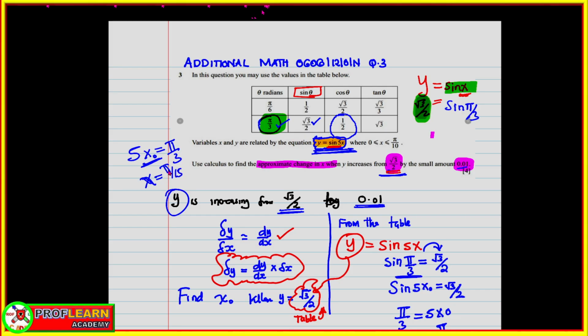So the angle that you must multiply by 5 must be pi over 15.